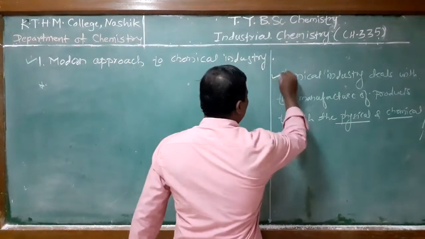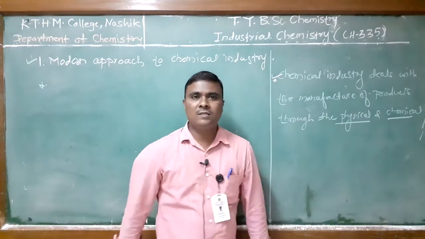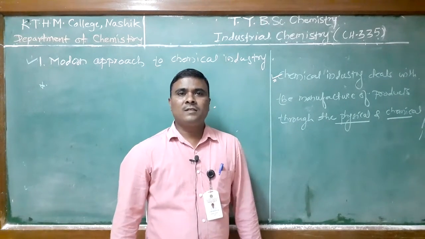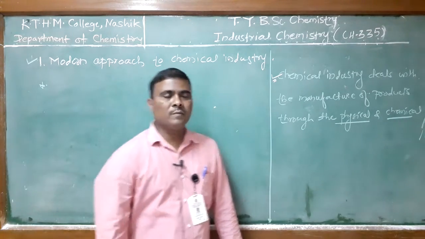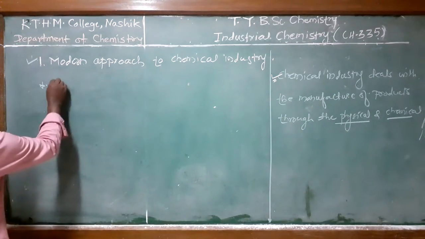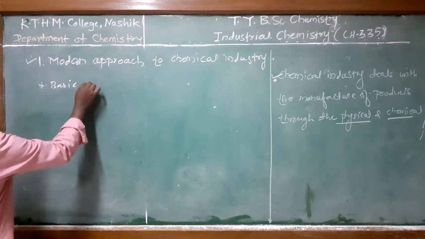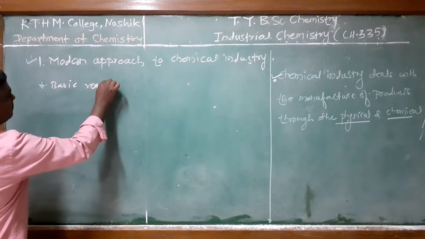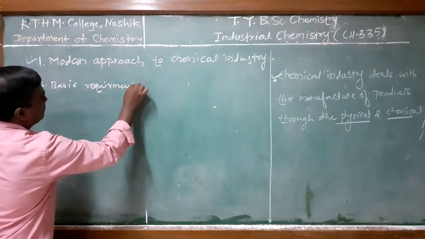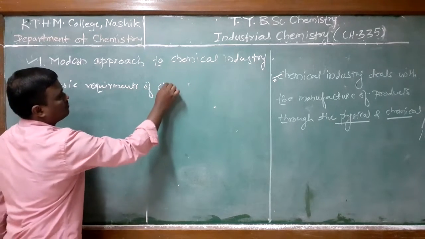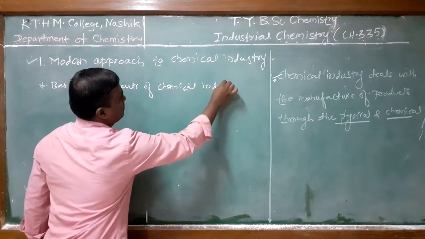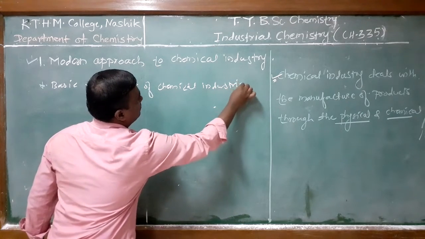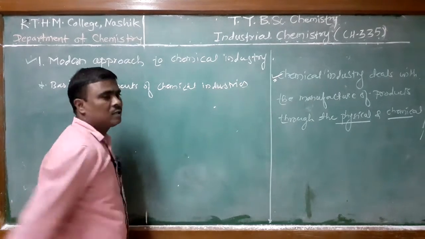We got the point that what is a chemical industry, then it is necessary to understand what are the basic requirements for the chemical industry. The first point which we are going to cover is the basic requirements of chemical industries.